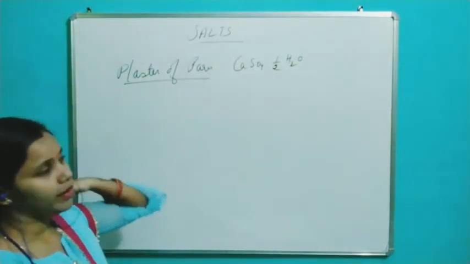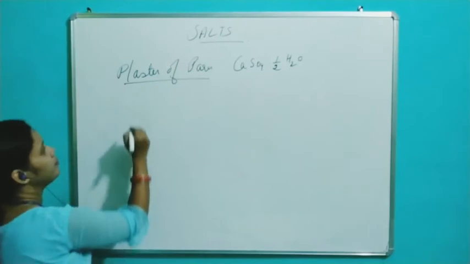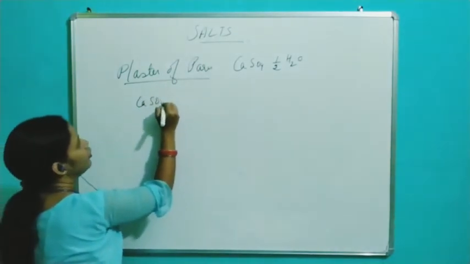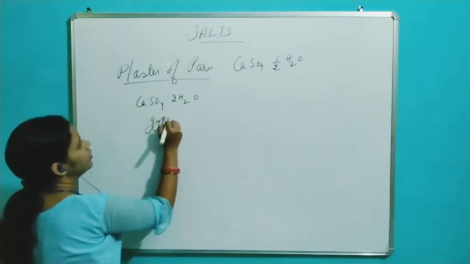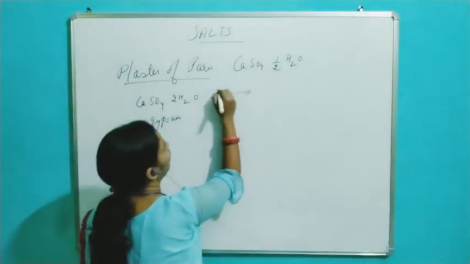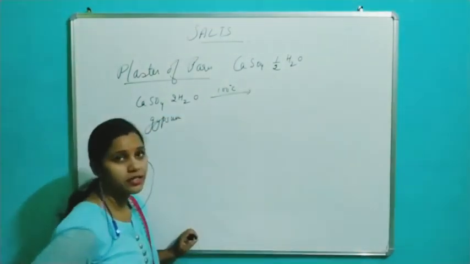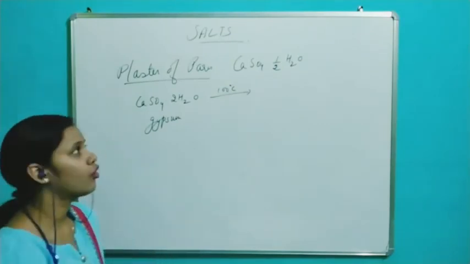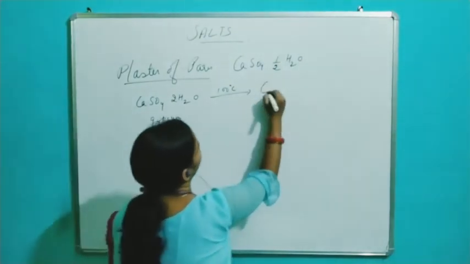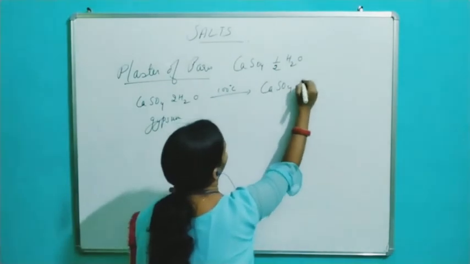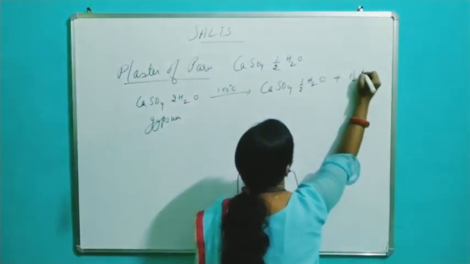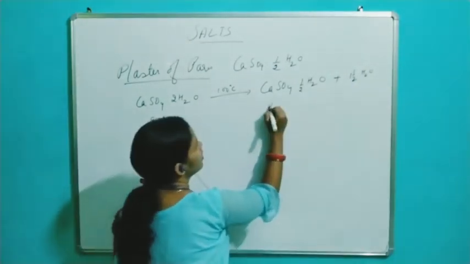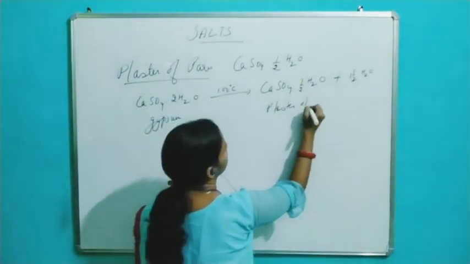It is prepared by heating gypsum, that is CaSO4 dot 2H2O. Gypsum is heated at 100 degrees Celsius, so it loses some of the water molecules and forms CaSO4 dot half H2O, that is plaster of Paris, and water is removed.